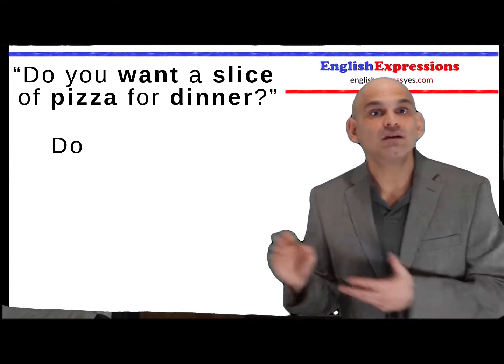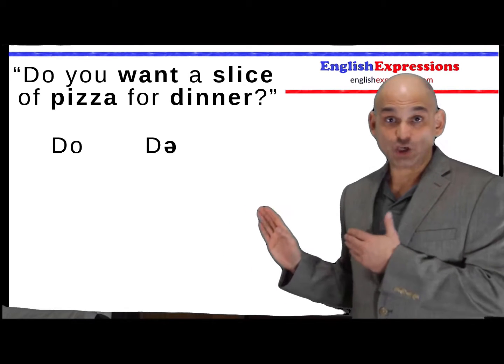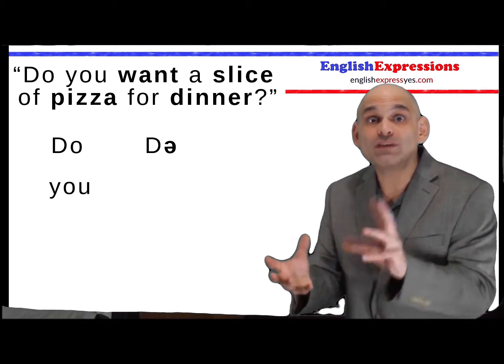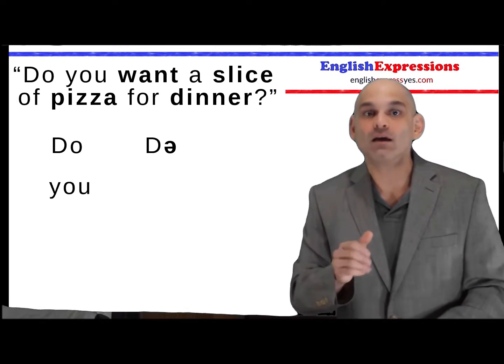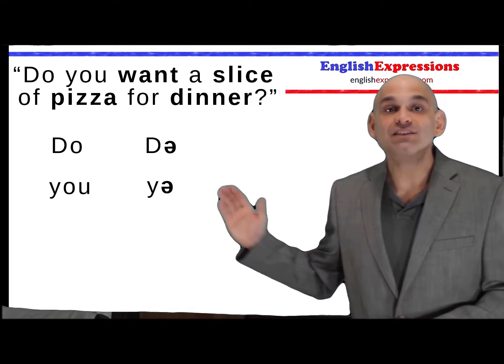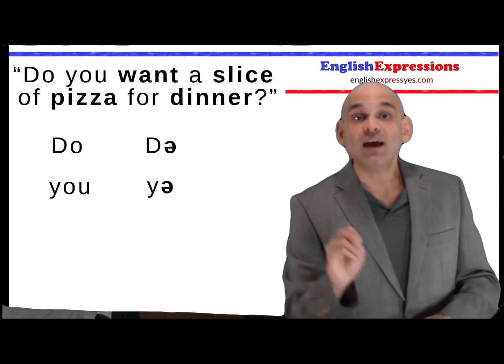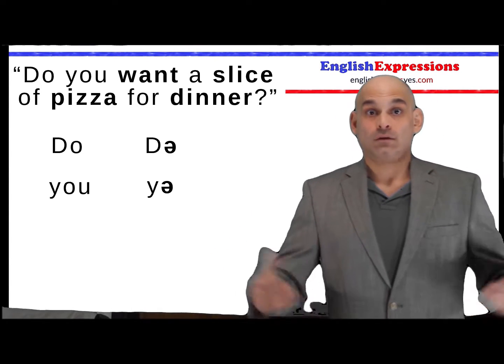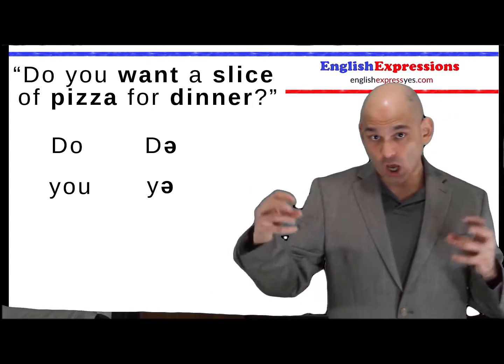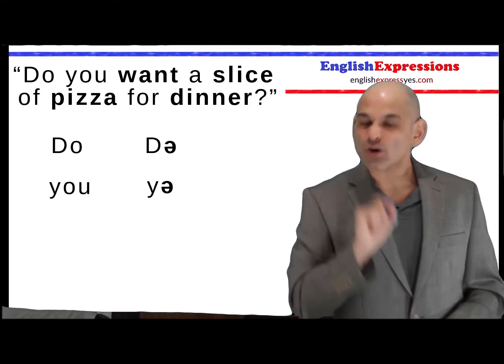That's right. "Duh." And "you" is a pronoun. We don't say "you," it's too long. We say "ya." Duh, ya. Duh, ya. Now, that's fast. "Do you" is long. "Duh, ya" is a little bit shorter.